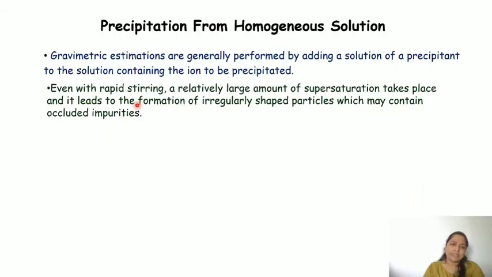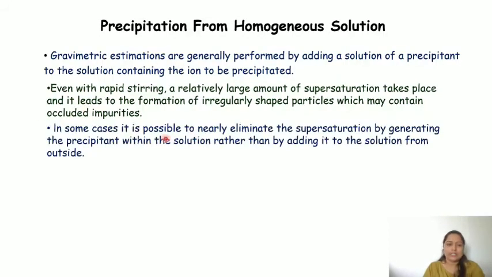Even with rapid stirring, a relatively large amount of supersaturation takes place and it leads to the formation of irregularly shaped particles which may contain occluded impurities. That means during the formation of precipitate, irregular sized particles are formed which may contain occluded impurities.